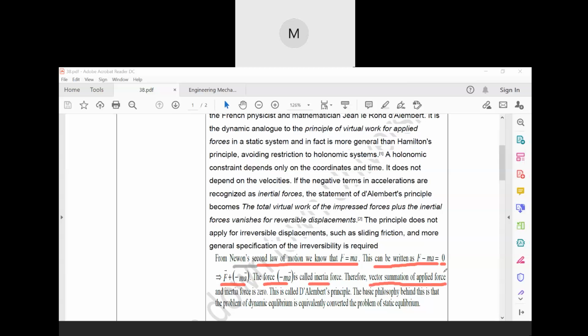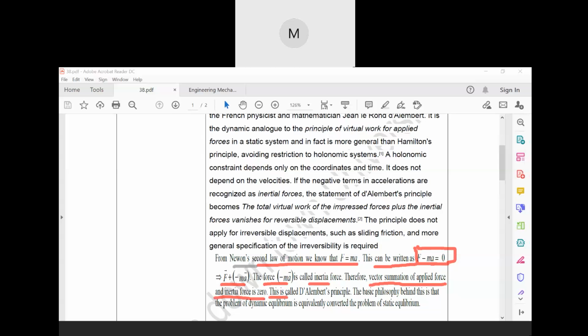Therefore, the vector summation of the applied force and the inertial force is what? 0.